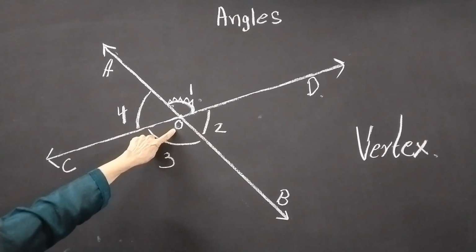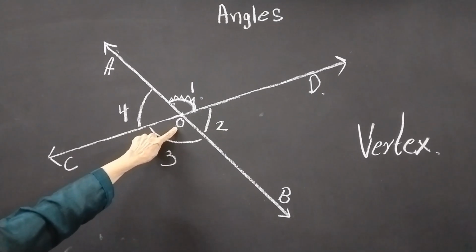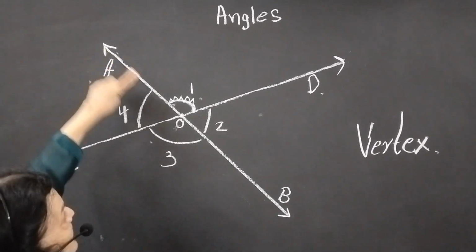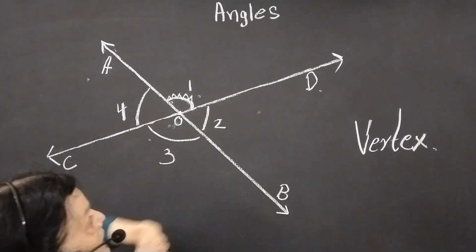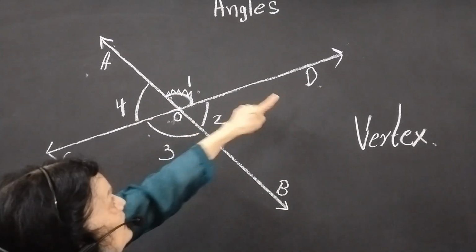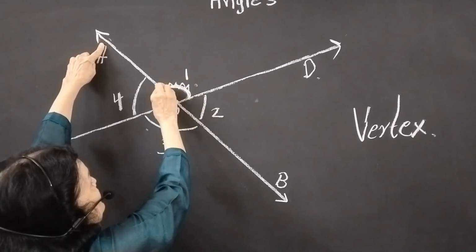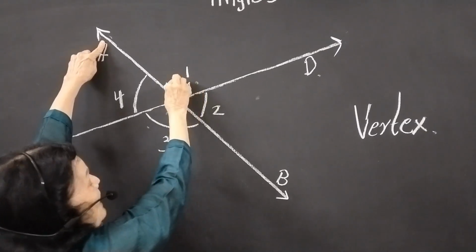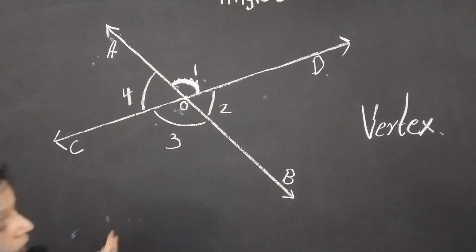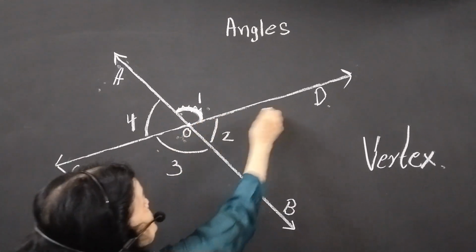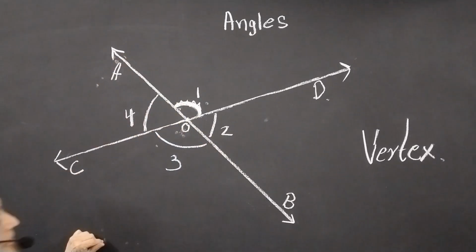Vertex O has to come in the middle of the name of the angle. And we can say that angle AOD or angle DOA is the name of this particular angle, or the portion or the area which is held between these two line segments.